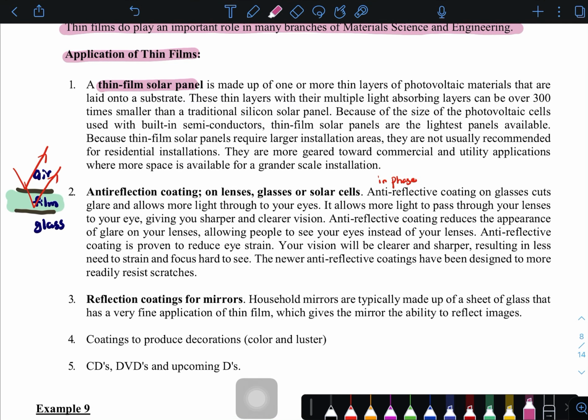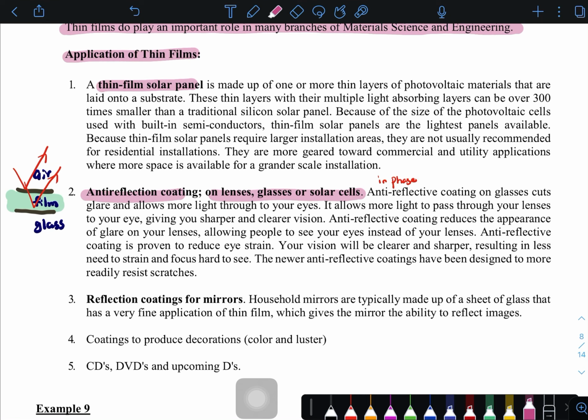Okay. The second one, anti-reflection coating on lenses, glasses or solar cell. So, kalau kamu tengok anti-reflection coating, dia ialah yang berada dekat spek mata, yang kalau you jalan dekat bawah matahari, tiba-tiba you punya spek mata tiba-tiba jadi gelap. So that's because of the thin film.